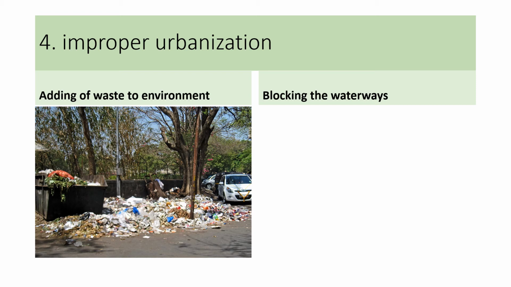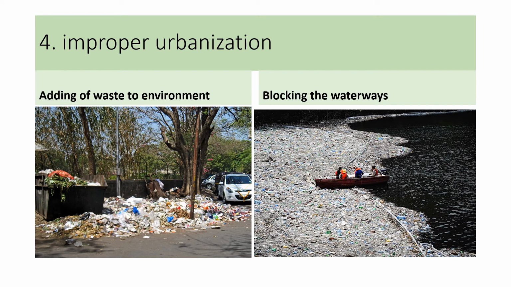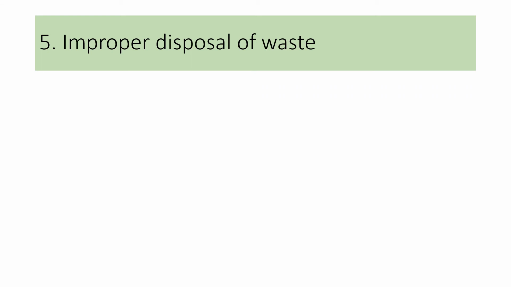Another bad thing happening due to improper urbanization is the blocking of the waterways. See, these people are working very hard to collect the garbage thrown into the water. It is not that easy to maintain the waterways once they are polluted like this.